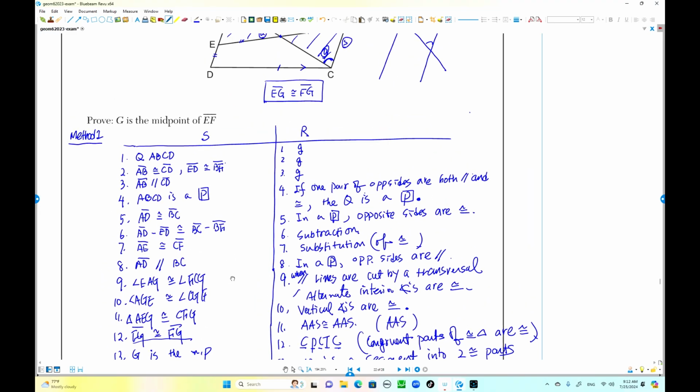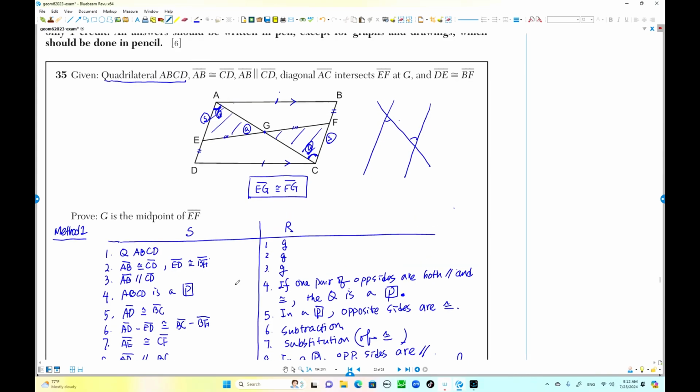The other way, method 2, is a little complicated. Maybe first I'm going to show you a different way to prove this one. These two sides are congruent and parallel. Using this parallel, we're going to prove these two triangles are congruent.